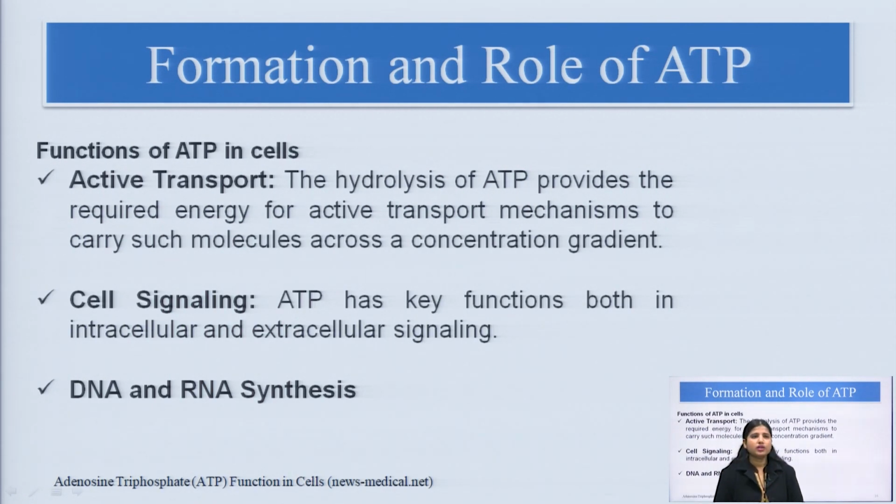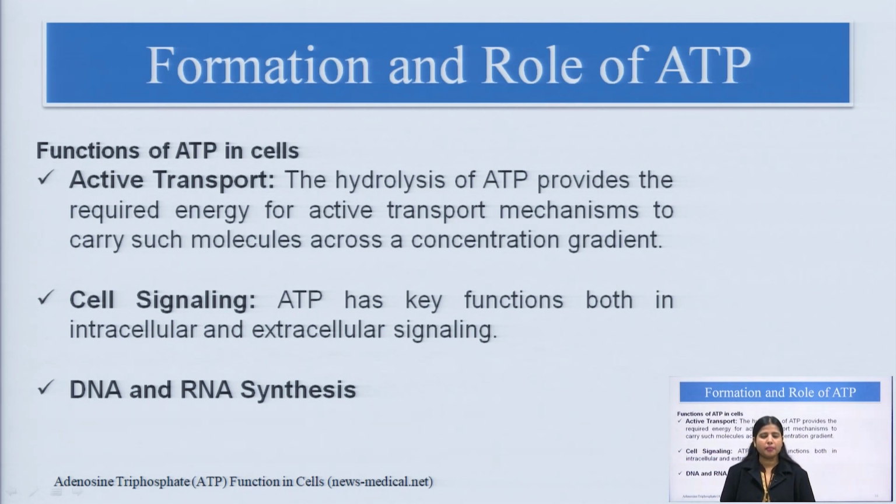Now, coming to further functions of ATP in cells. ATP is required in the cells for active transport. There are two types of transport systems, one is active, another is passive. Passive transport means the content is moving from the higher concentration to the lower concentration.